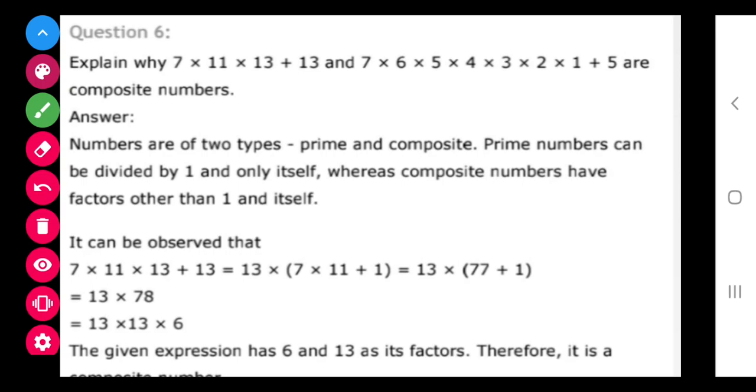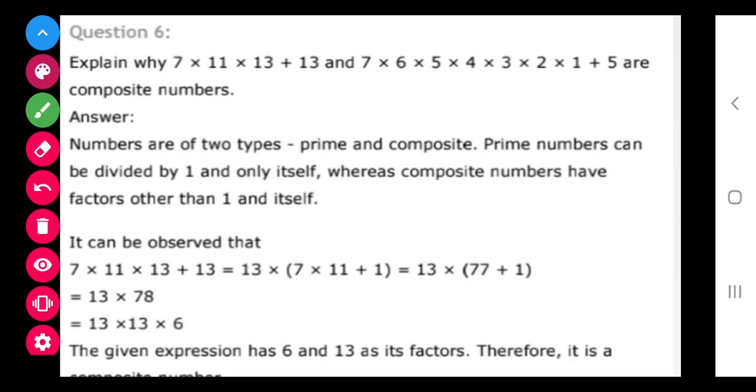But if I talk about 78, 1 into 78 is a composite number, and 6 into 13 is also 78. So 6 into 13, it forms another pair.